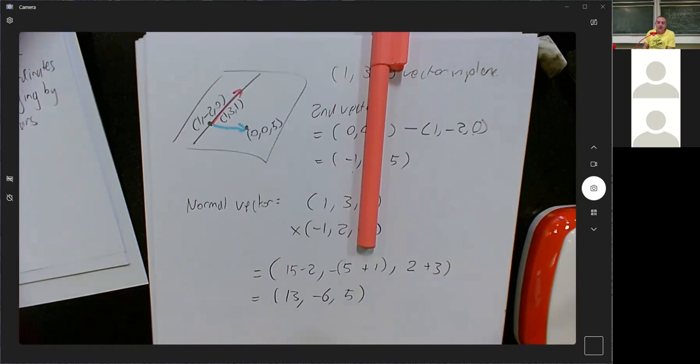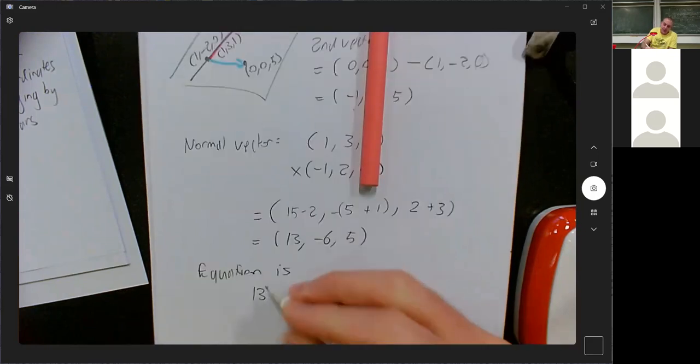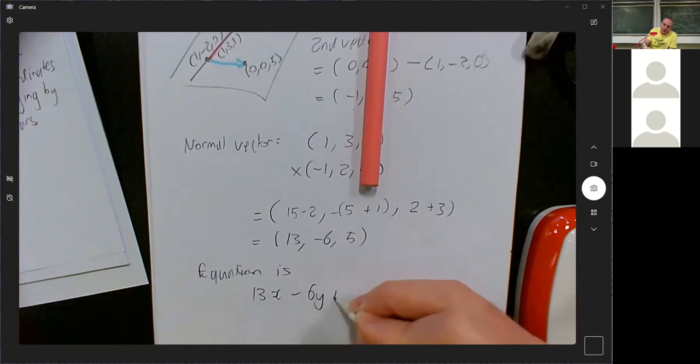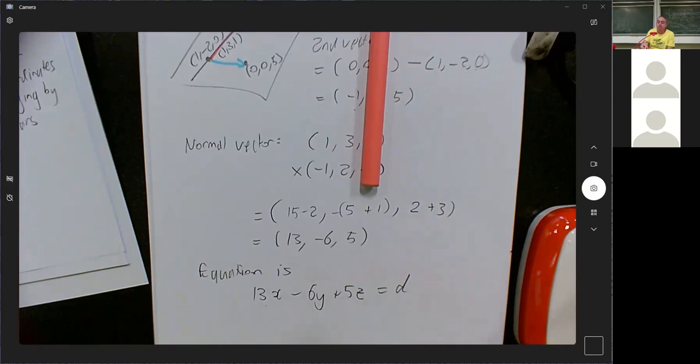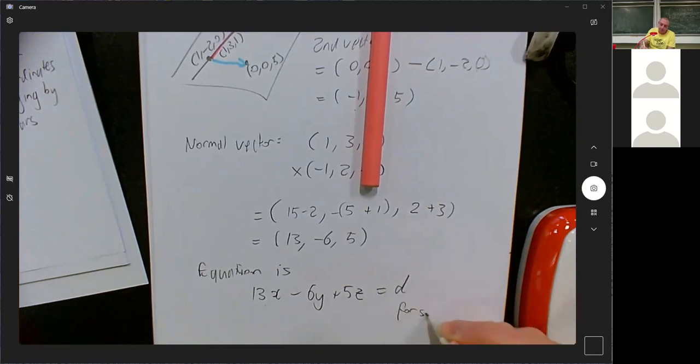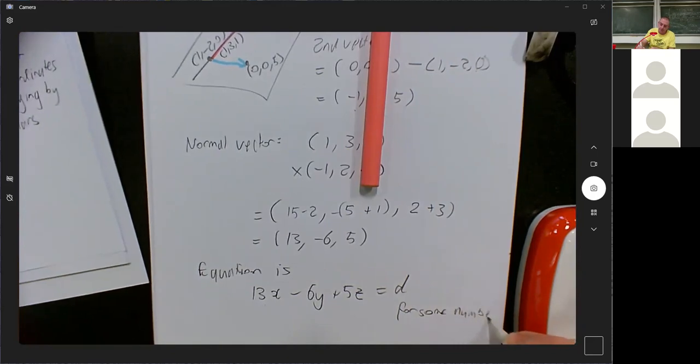And now, since this is a normal vector to my plane, the equation is 13x minus 6y plus 5z equals some number d. And now I'm at the same stage I was before. I can sub in any one of these points and it'll tell me what d is.